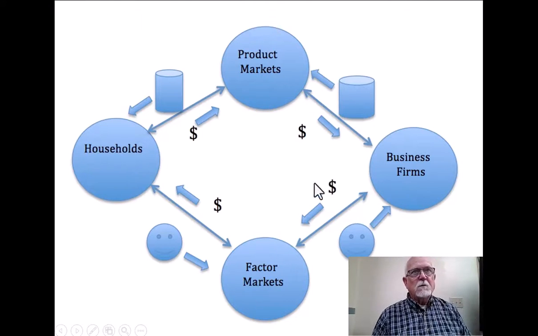Now, I hope you can see a good analogy would be pipes of water flowing or electrons in a circuit. Anything that's flowing in a circular pattern, this is called a circular flow, depending on whether you're talking about the physical things or the dollar bills, which way they're flowing.